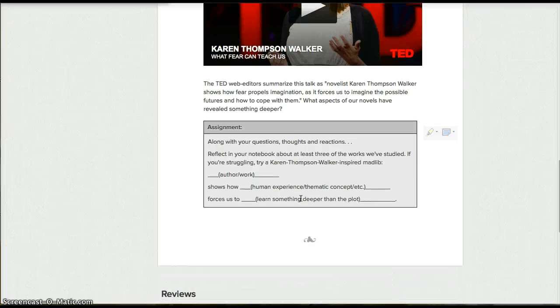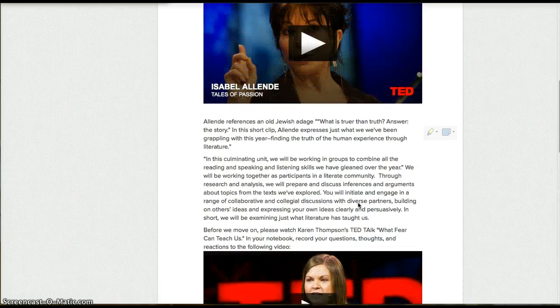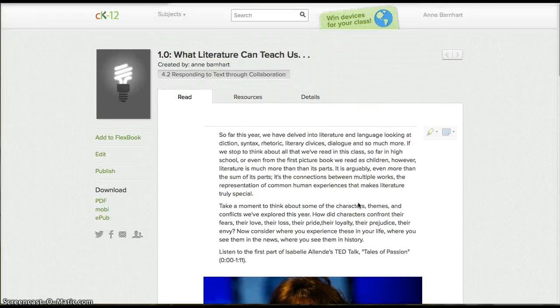And the students will be tasked to answer this question: which author or work shows how X, Y, or Z of the human experience forces us to learn something deeper than plot? So there's a lot of wonderful things that can go into that, and we'll see how that goes.